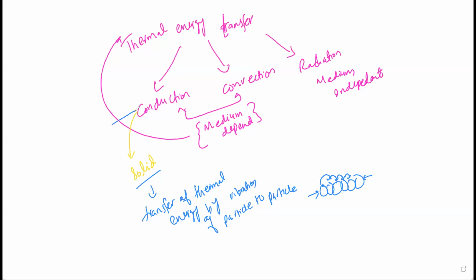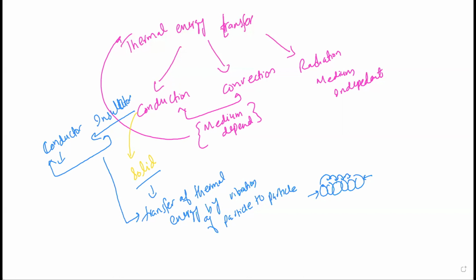When we are discussing conduction, we discuss the type of material, the type of solid that we're transferring energy into. And when it comes to that, we discuss it in terms of conductors and insulators. In both conductors and insulators, the mode of transfer of energy is exactly like this, particle to particle.